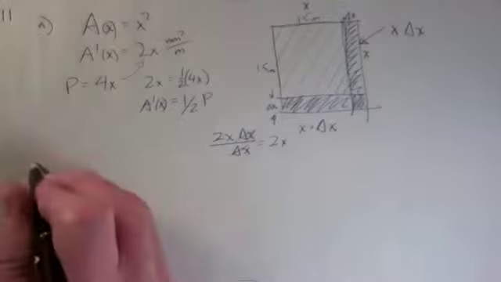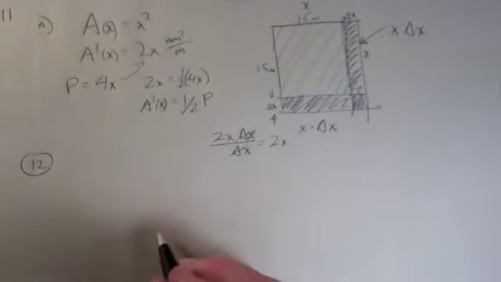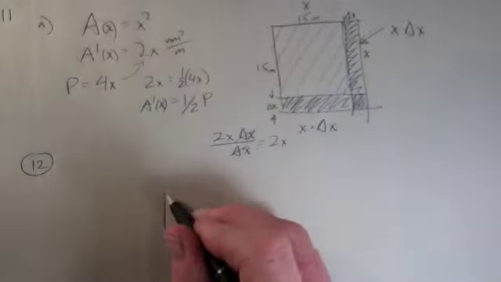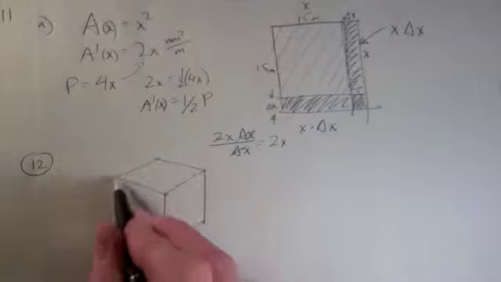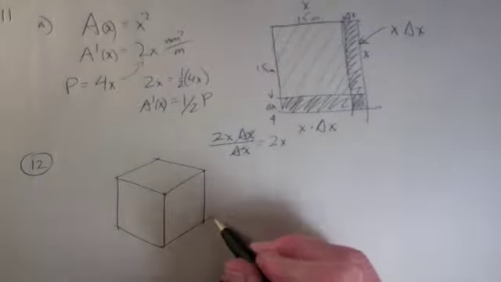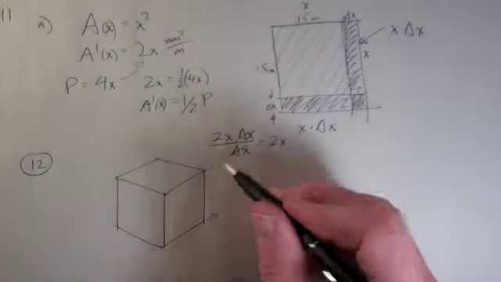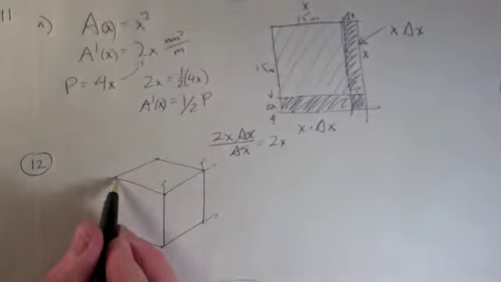Alright, problem number 12 is very similar, only we're going to 3 dimensions. We've got a cube with some fixed dimension, and if it's growing out in this direction, it's also growing up and growing back.